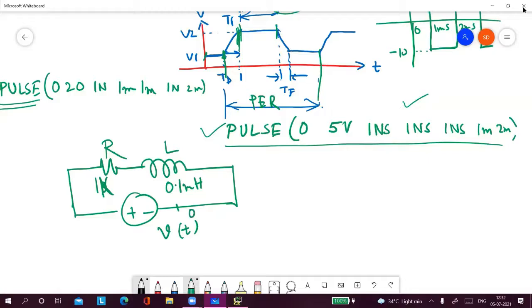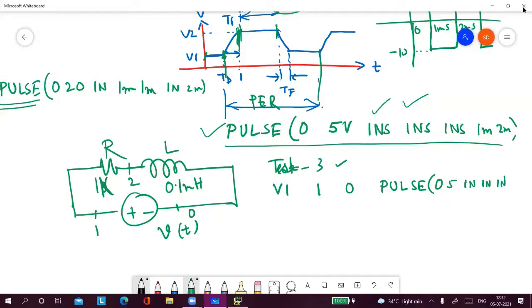Let us give the name test 3. Here V1 1 0 pulse: 0 volt, 5 volt, delay time 1 nanosecond, rise time 1 nanosecond, fall time 1 nanosecond, pulse width 1 millisecond, and period 2 milliseconds.